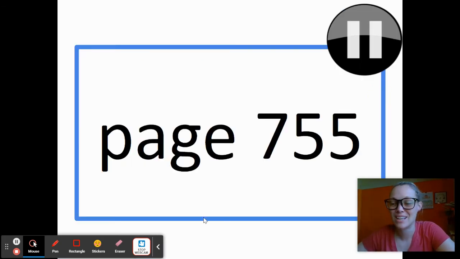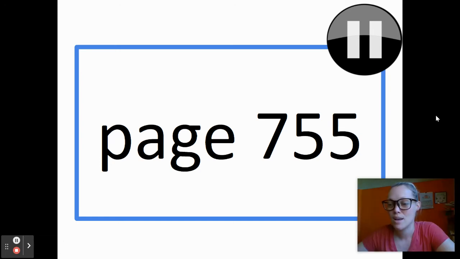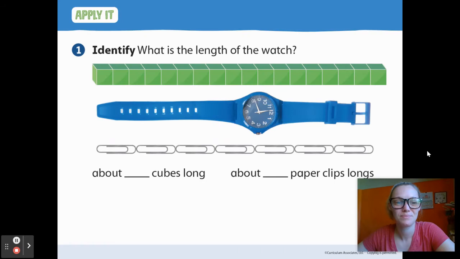We are on page 755 today, so go ahead and turn to that page if you are not there yet. Problem number 1, identify what is the length of the watch. And you're going to measure it using two different kinds of units. The first one is unit cubes.